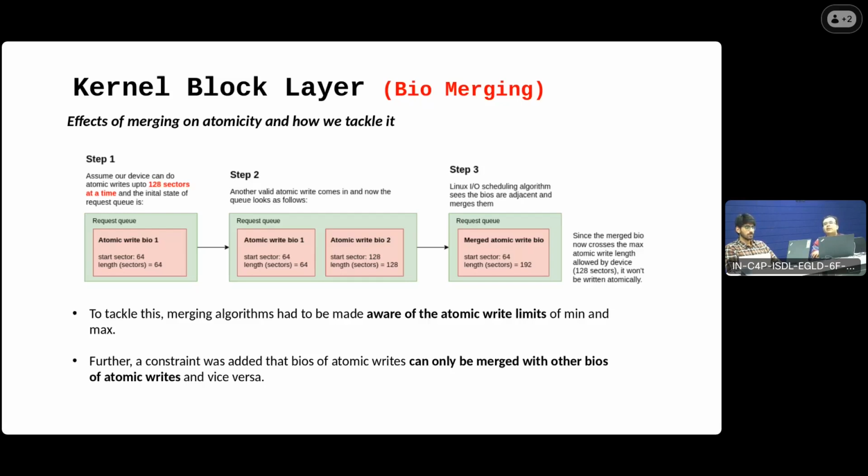Now the length of the entire write is more than what your device can write with atomicity followed, right? So these are some of the things the block layer currently does, and it needs to handle them differently for atomic write. So there are some changes definitely required in the block layer as well.